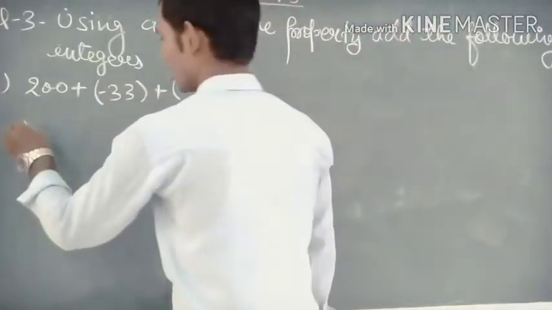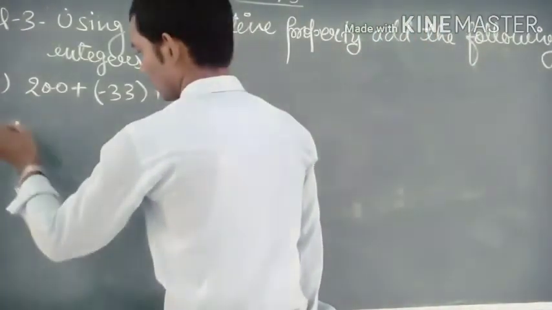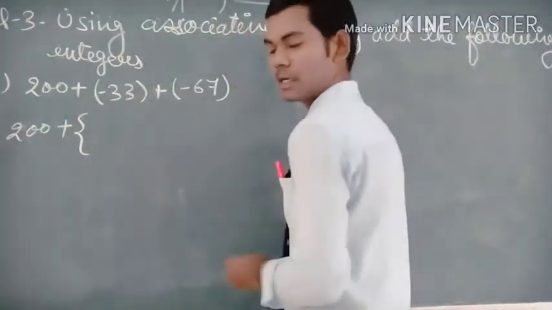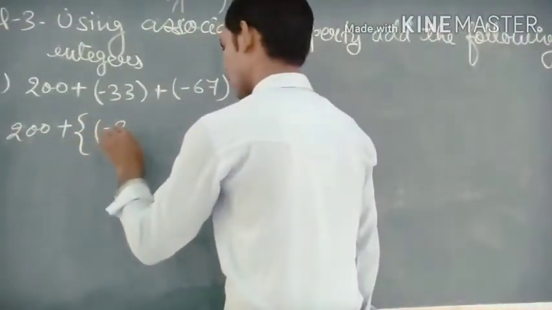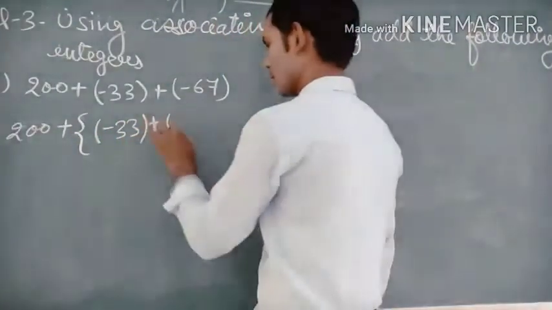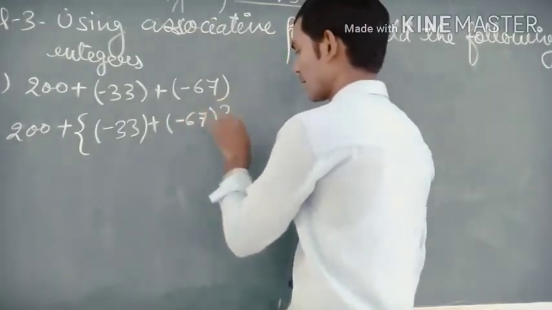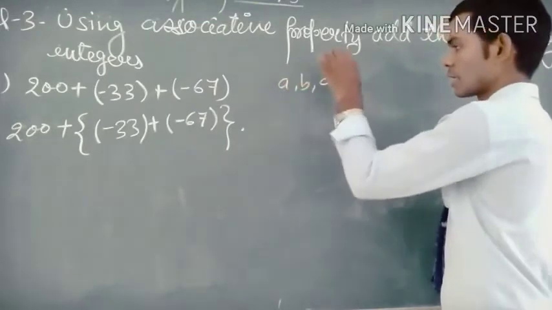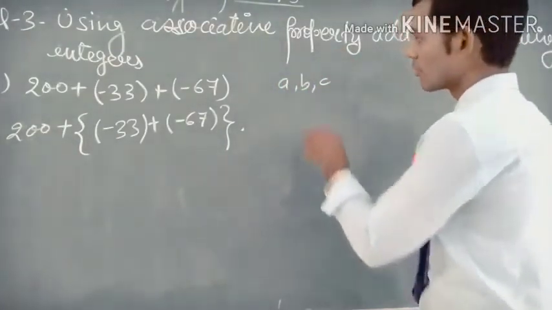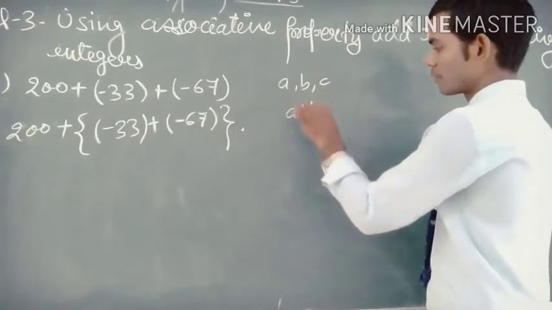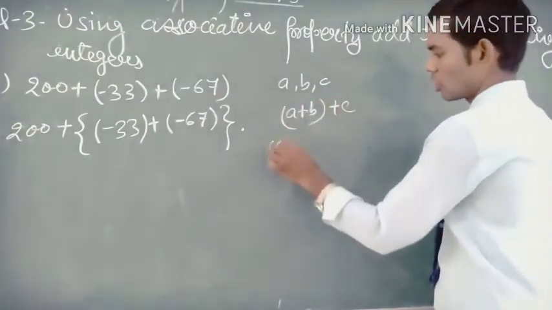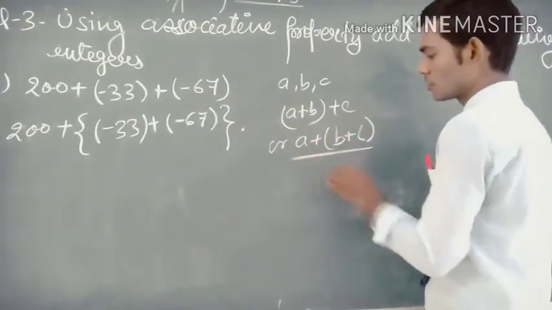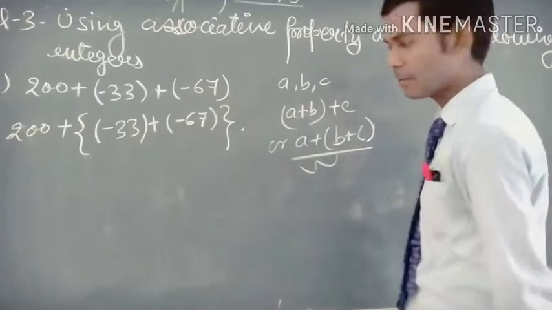So here we write 200 plus, and we write in the brackets minus 33 plus minus 67, because we know that if a, b, c are any integers, then we can write a plus b plus c, or a plus b plus c. So here we use this concept.